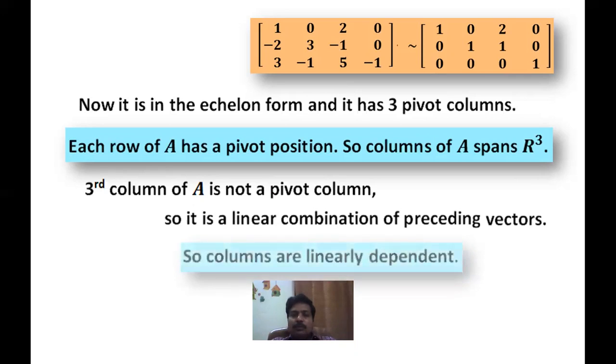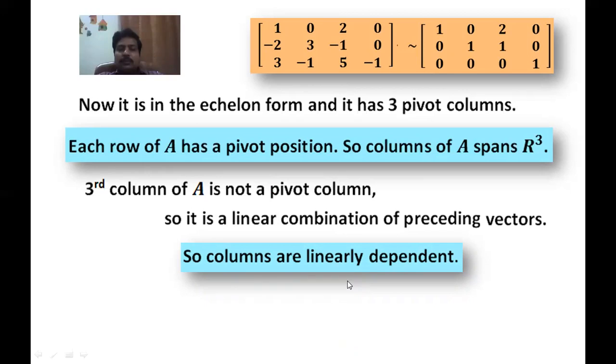So it cannot be linearly independent. So the columns are linearly dependent.